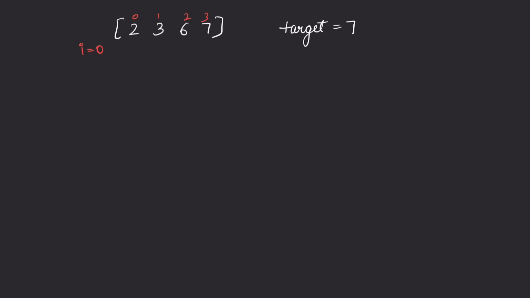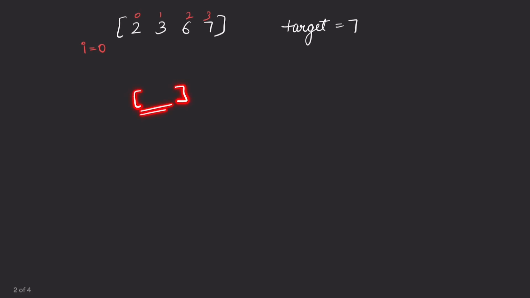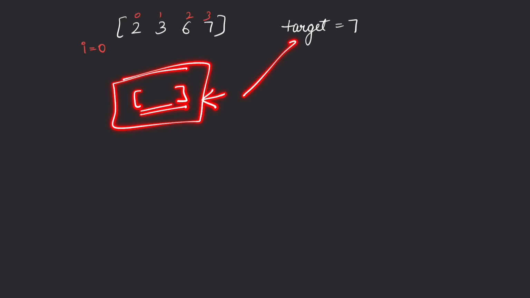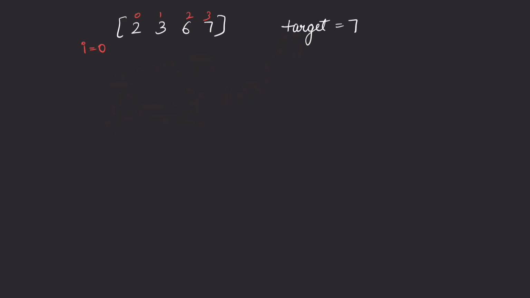At every point you will get some array, and this array should satisfy that its elements' sum equals the target. So at each step I need two more things. One is the current sum, which will initially be 0, and the other is my current array, which will initially be empty. So I will store the current index and the current sum. This sum will be nothing but the sum of the elements in this array. So initially the sum is 0 because the array is empty, and I is 0.